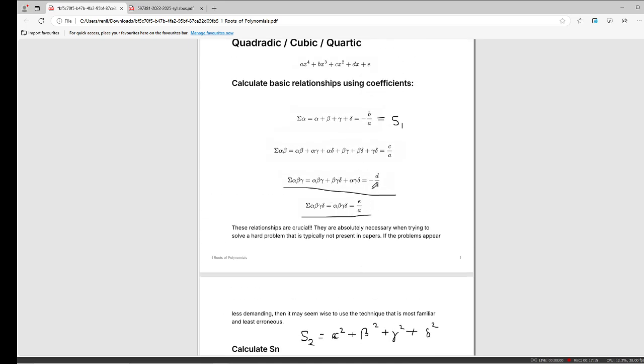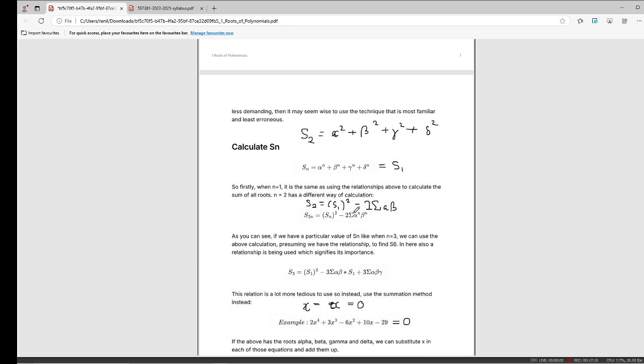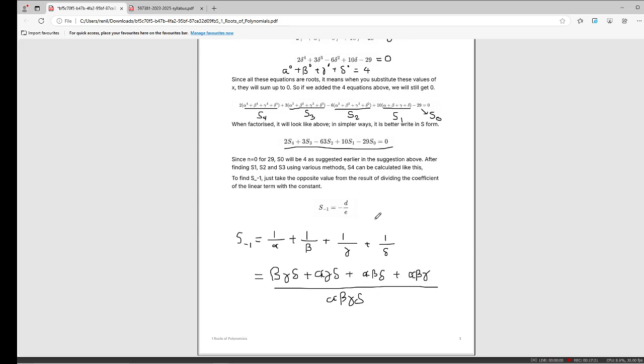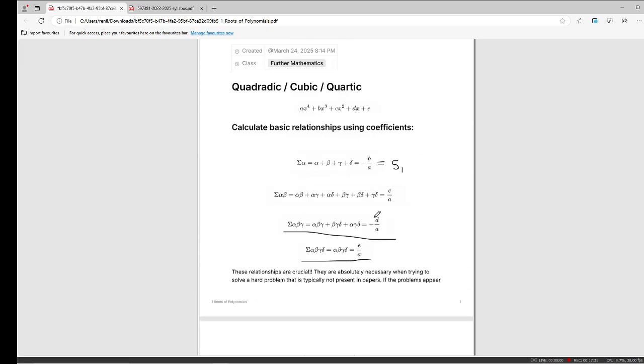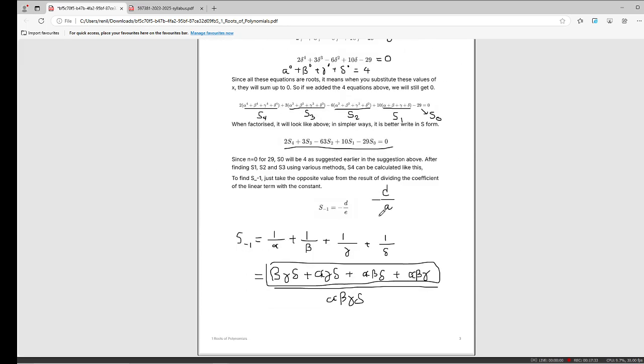So as you know that the numerator is negative d by a and the denominator is e by a, we are basically going to be doing this right here. Okay, this can be written as negative d by a, I think it is negative d by a if I'm not wrong, and then we're going to divide it by alpha, beta, gamma, delta, which is e by a.